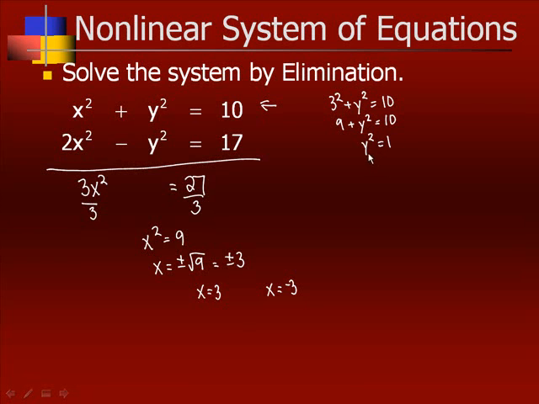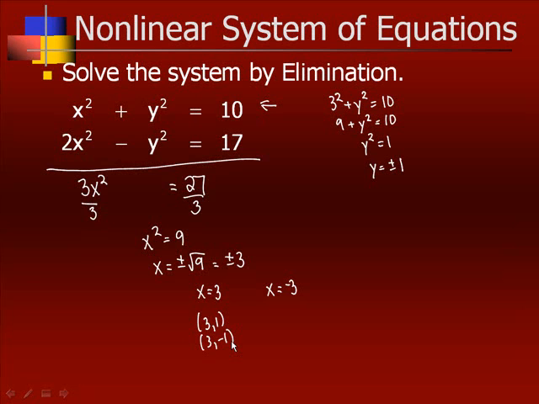Subtracting 9 from both sides, we get y squared equals 1. So y is equal to plus or minus the square root of 1, which is plus or minus 1. So what we get is x is 3, y is 1, or x is 3, y is negative 1.